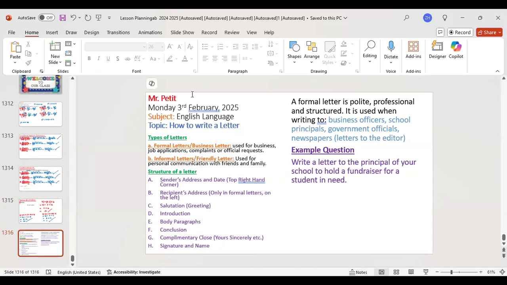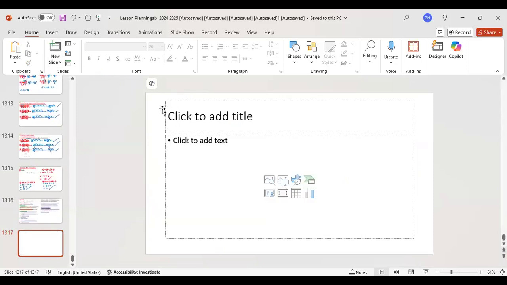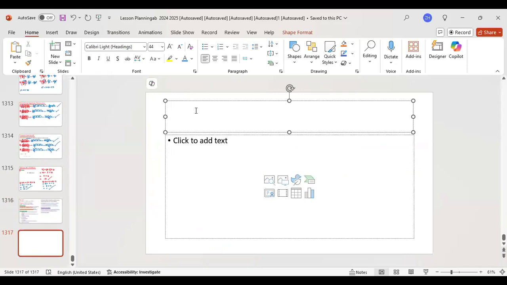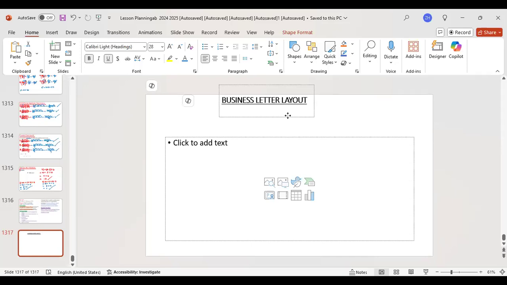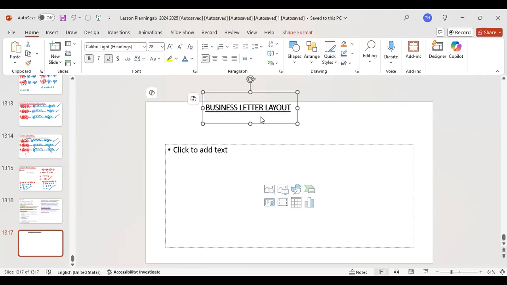So for our business letter layout, remember what our question is. They want us to write a letter to the principal about someone in need or something like that. So this is our business letter layout.